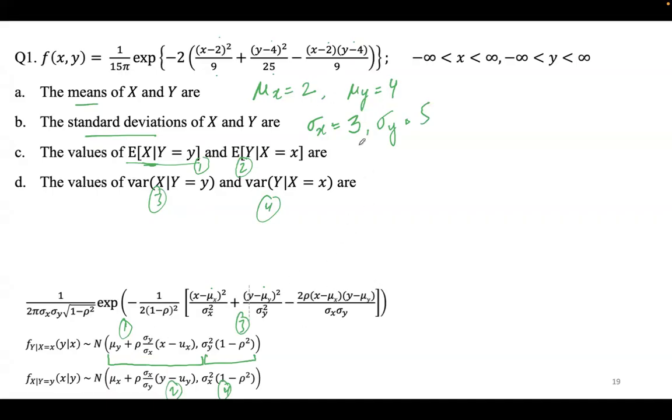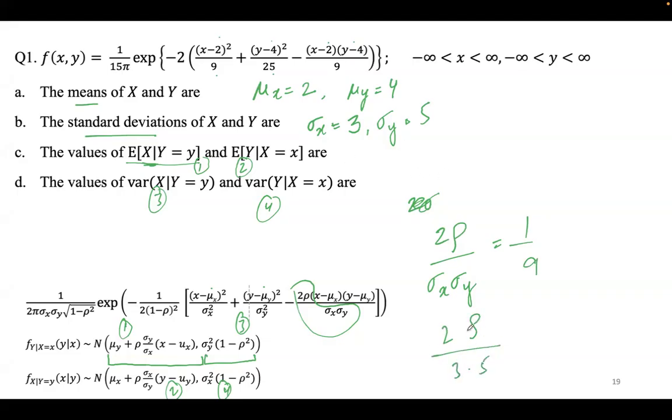So we can just compare. 2 rho divided by sigma x and sigma y actually becomes 1 by 9 here. Sigma x and sigma y are 3 and 5.